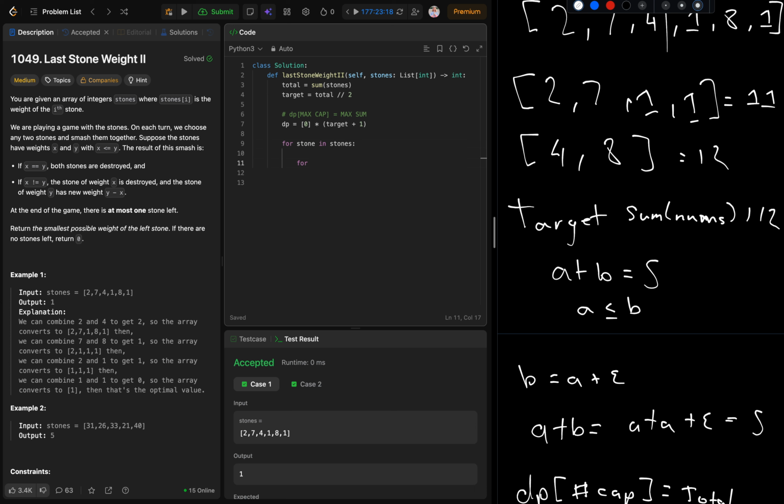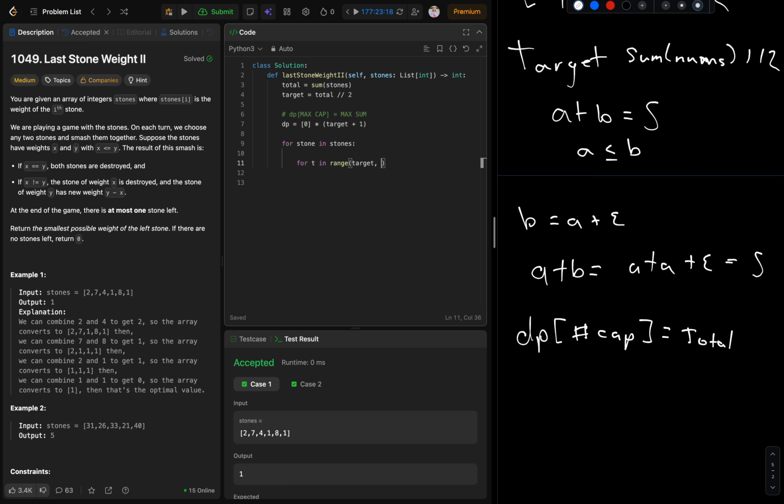So for stone in stones, for I'll just say target T. So for every target in a range from our target to stone minus 1, I think, because you'll see, it's symmetric.